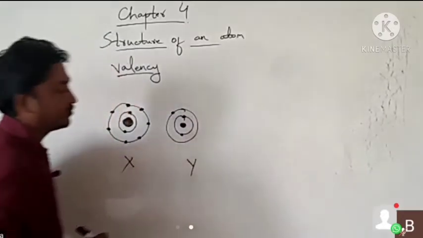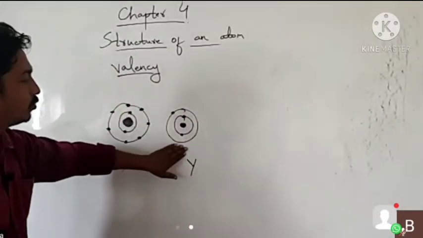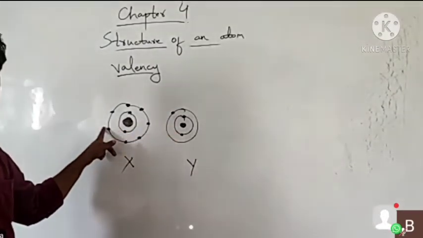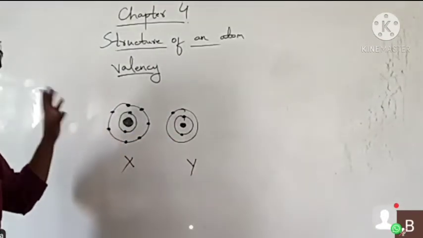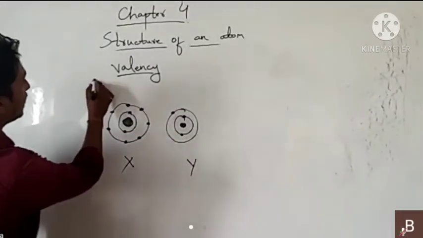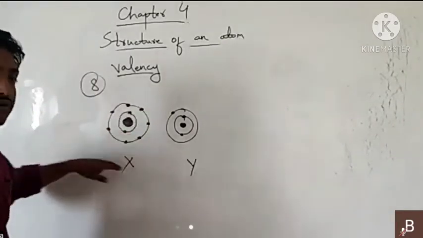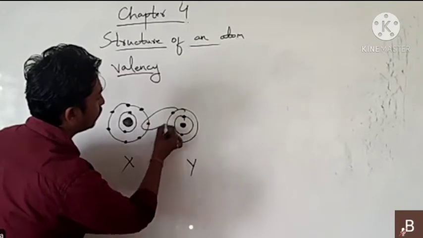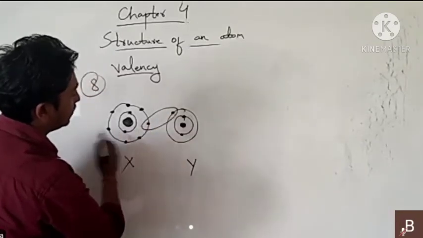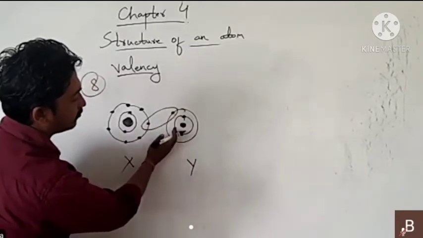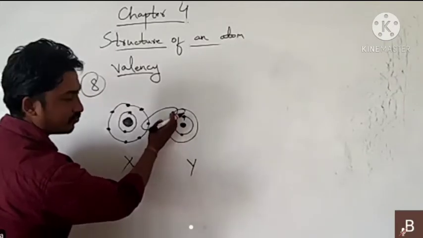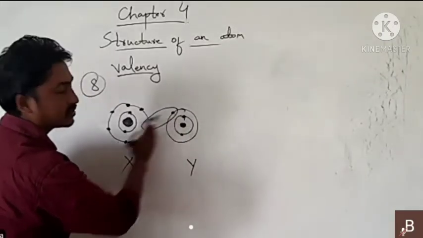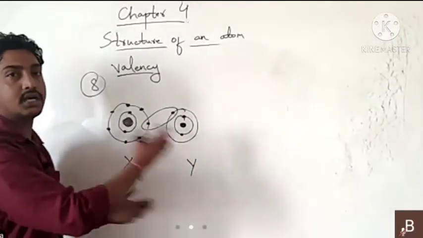So for chemical bonding, the Y element will give 1 electron to X to fulfill its octet, that means 8 electrons on the outermost shell. Okay, and this will be bonded. X element will take electrons of Y, and Y element will take electrons of X. Okay, so that is the combining capacity.